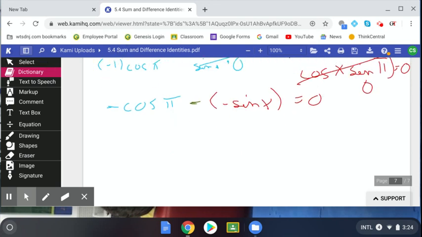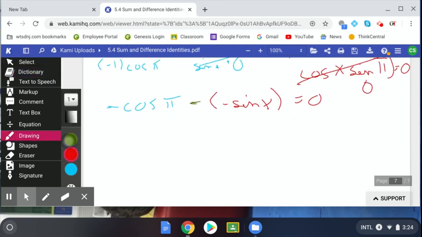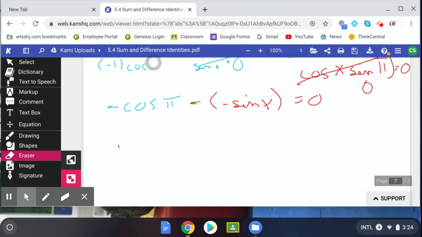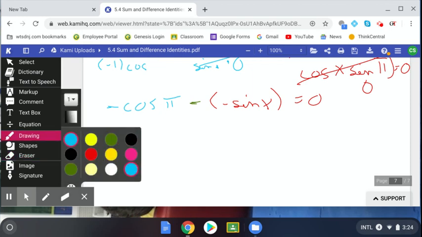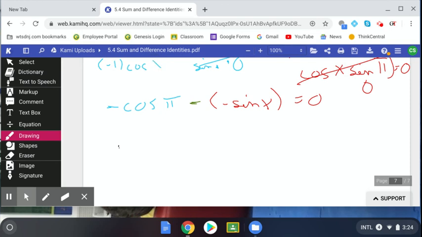Oh, sorry, that should be x, because this should be x. And this is x. Okay.